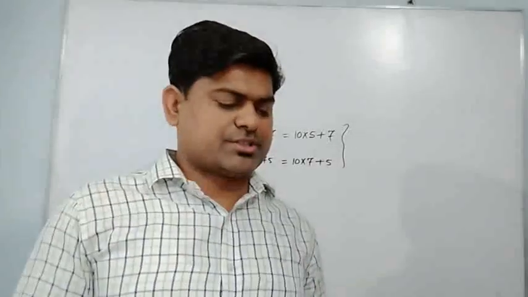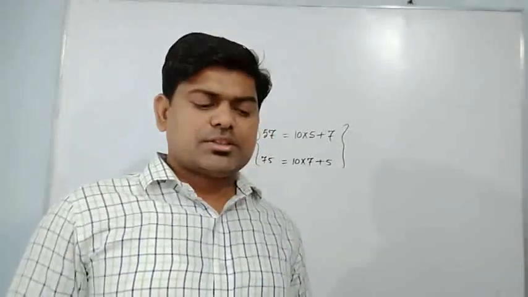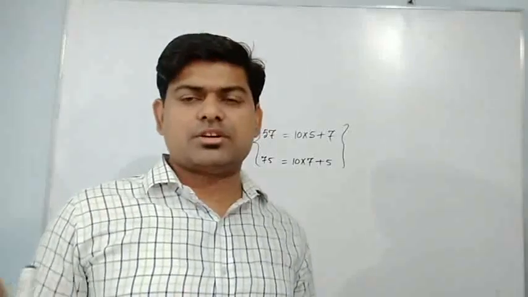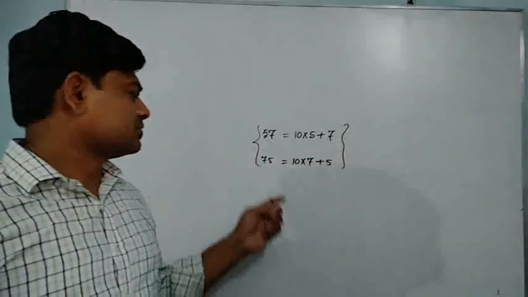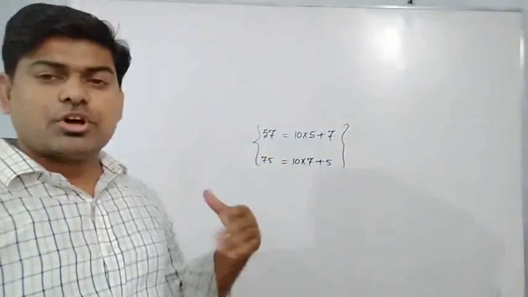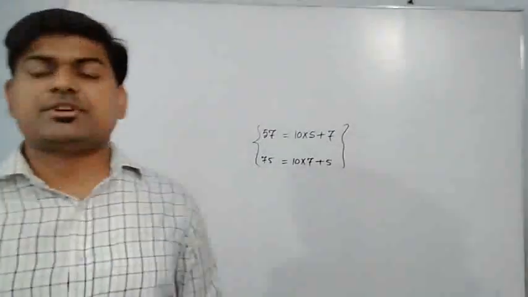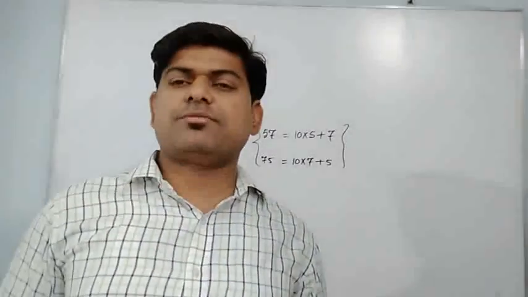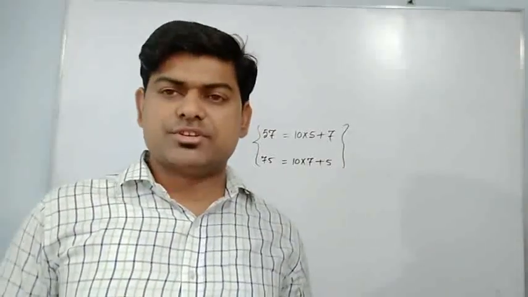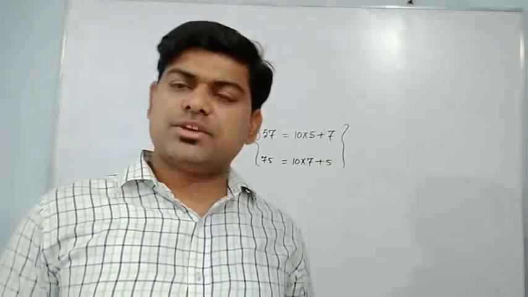Question number 13: you can see it is written, a 2-digit number. The sum of the digits is 7. I think there is no confusion about it. Here, for 57, the sum of the digits 5 plus 7 is 12. Now in our question, the sum of the digits is 7. It means if I take x as the tens digit and y as the unit digit, then x plus y is equal to 7.